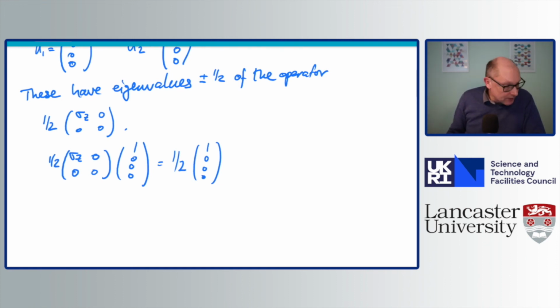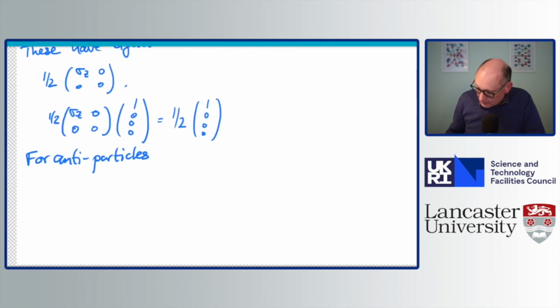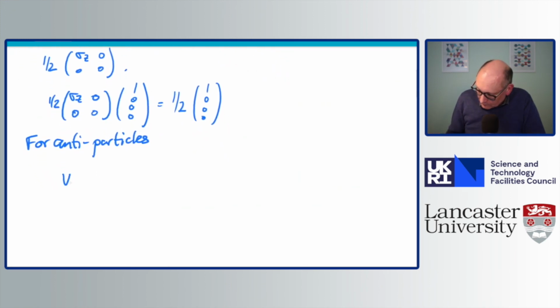Now, one can repeat the same exercise for antiparticles with the V spinors. So one gets V1, 0, 0, 1, 0, and V2, 0, 0, 0, 1.